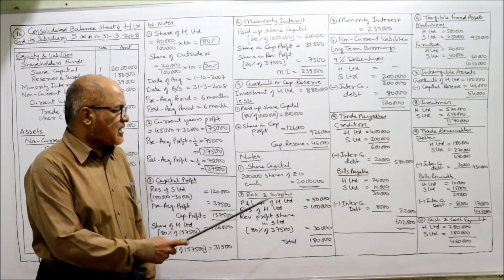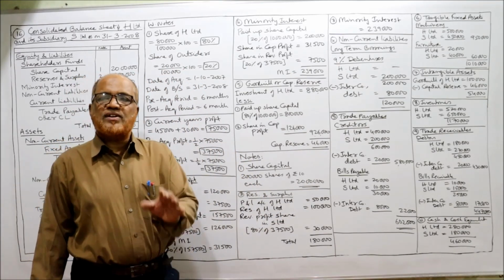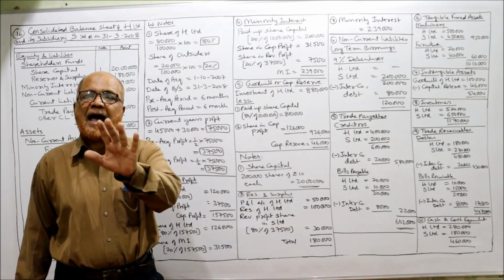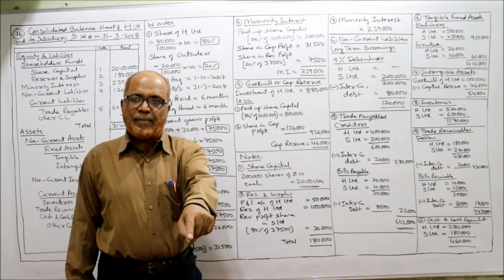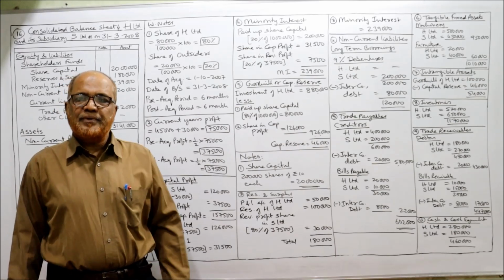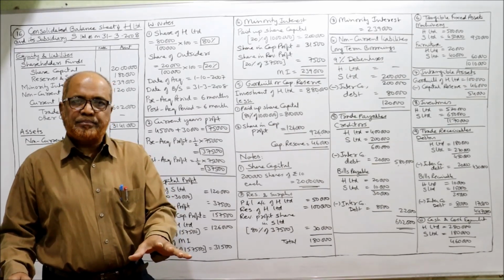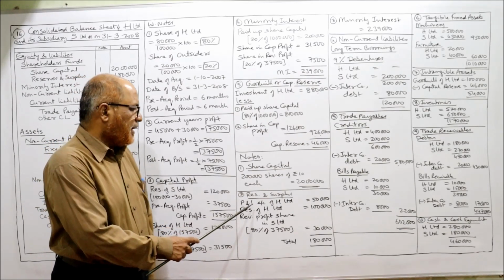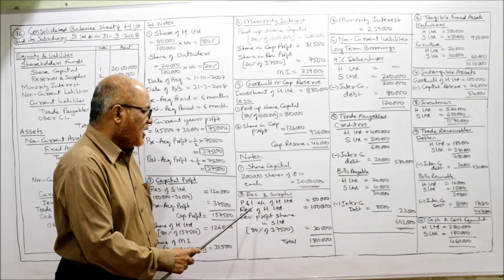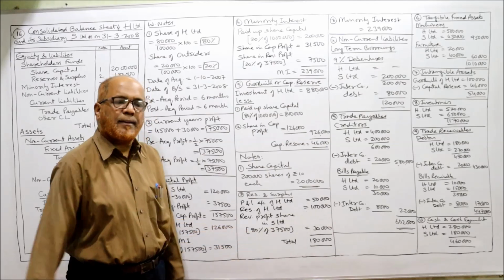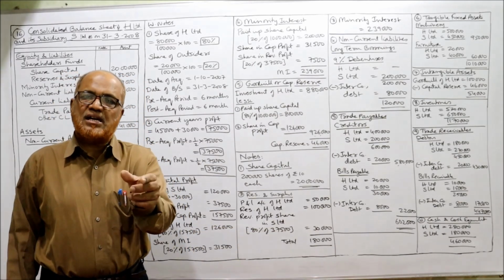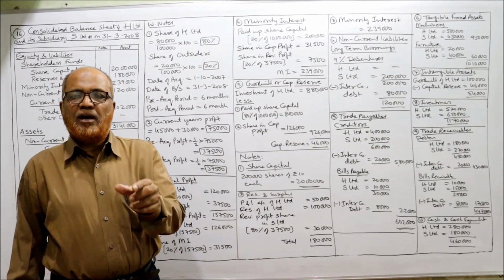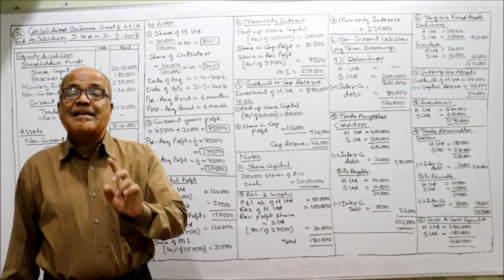Next comes reserves and surplus. First of all, we take reserves and P&L account of H Limited as it is, as given in the problem's balance sheet: P&L account of H Limited 50,000, reserves of H Limited 1 lakh. Now revenue profit from S Limited.